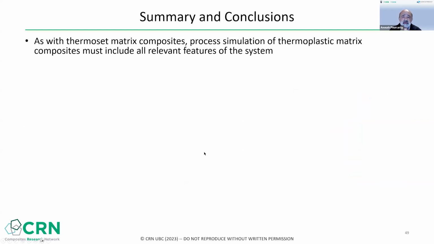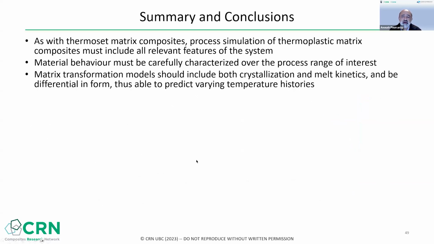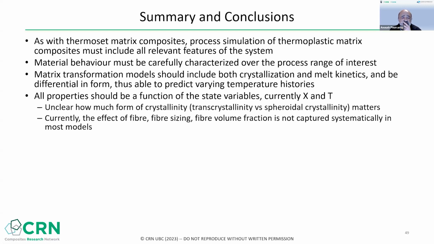So to summarize, much like thermoset matrix composites, here you still should always include the relevant features of the system. Material behavior characterization is really important over the process range of interest. We believe you should put in both crystallization and melt kinetics, and it should be in a differential form so it can do any temperature history. At the moment, we track everything in terms of the state variables of temperature and degree of crystallinity.